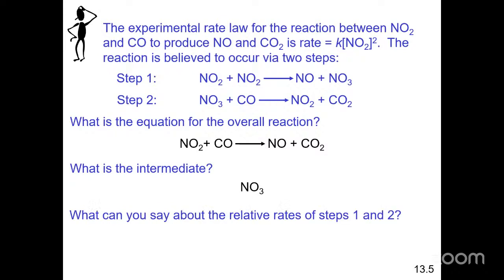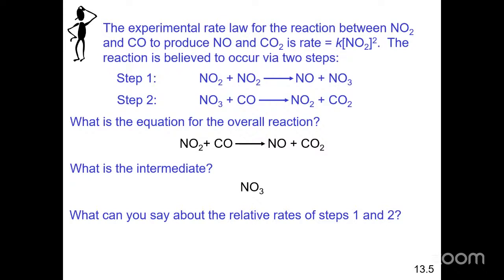Now the next question is saying, what can you say about the relative rates of step 1 and step 2? In other words, which step is faster or alternatively, which step is slower? And the hint lies right here. So which of the two steps would be the slowest step or the slower step?